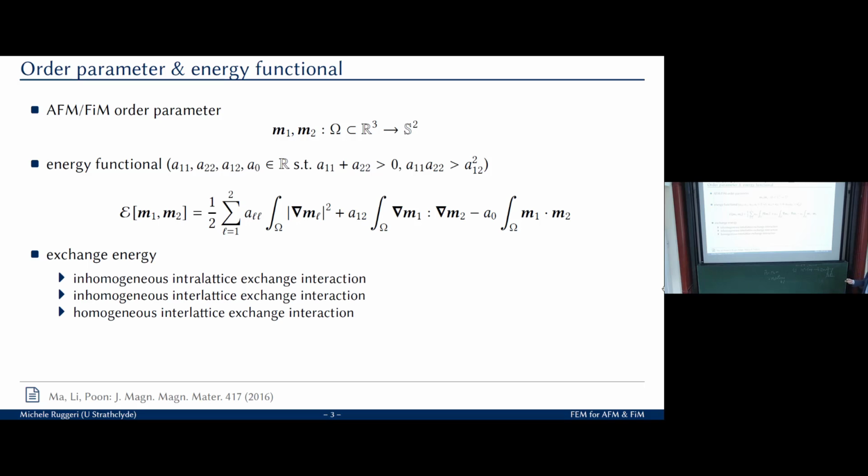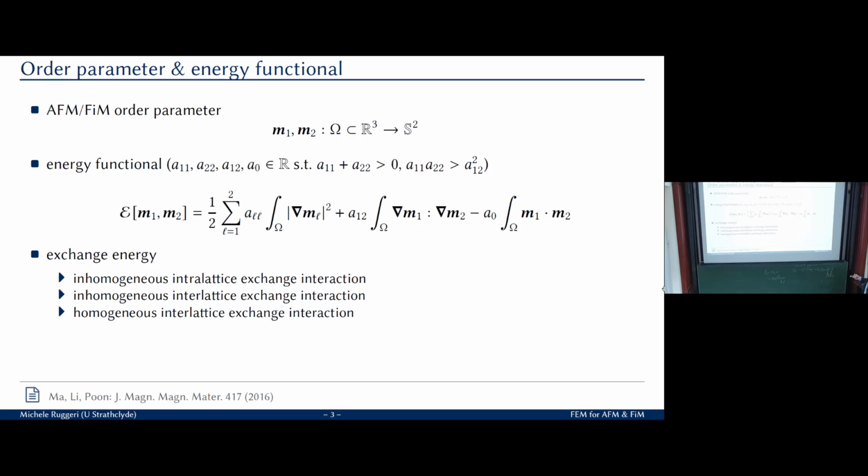The first one is usually referred to as inhomogeneous intralattice exchange interaction, and models nothing but the standard Heisenberg exchange interaction for each of the two subfields. The two other terms, on the other hand, involve the interaction between the two fields. That's why they are called interlattice. The first one models the interaction between neighboring spins of different type, while the second one is a local interaction between the two fields.